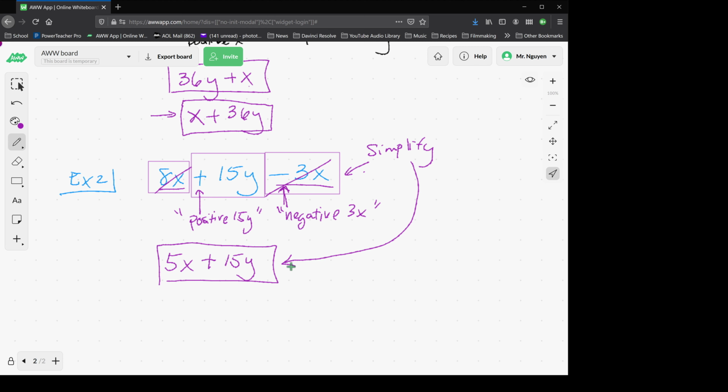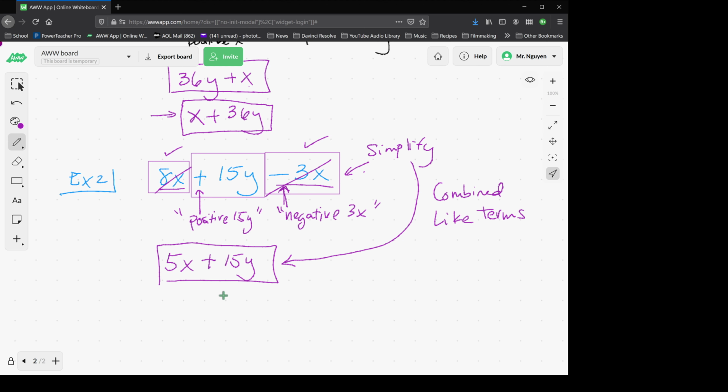So if you have 8x plus 15y minus 3x and you want to simplify that, you can combine the like terms. The like terms here are 8x and negative 3x. Those two can be put together by adding. So 8x plus negative 3x gives you 5x. And now suddenly you're simplified.